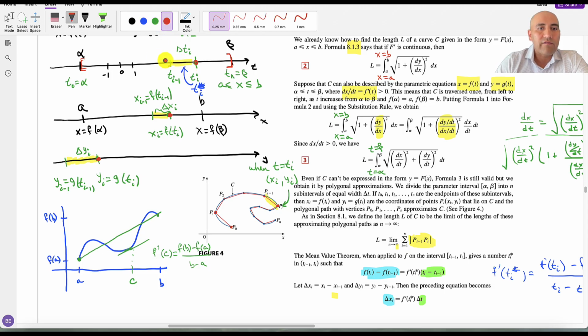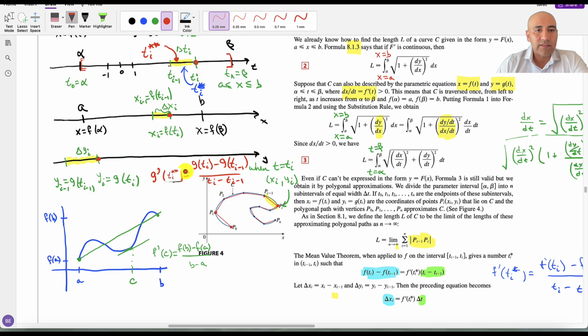There might be some other value, t sub i double star, that's also in here somewhere, not necessarily the same value, such that it works for this one. And so we'll say that there is some place such that g prime of t sub i double star is equal to the average change in this. So we'll end up with g of t sub i minus g of t sub i minus 1 all over t sub i minus t sub i minus 1.